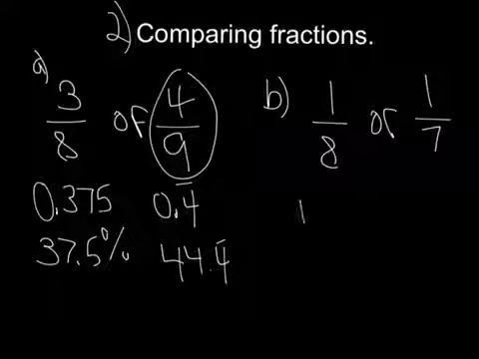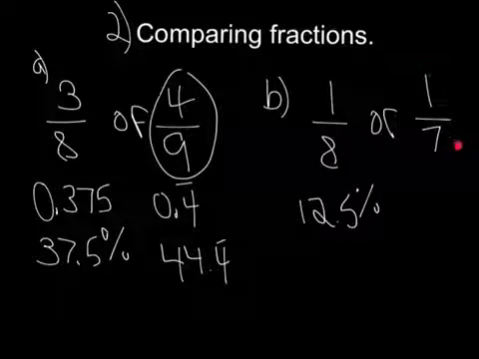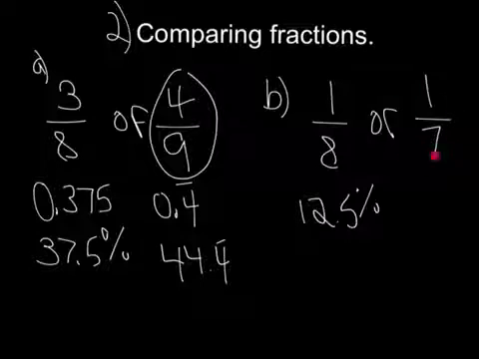1/8, like I just explained to you, is 12.5%. And 1/7 has more value than 1/8 because it's out of less. Think about it. If you have a pizza and you cut it into 7 pieces, this one piece will be bigger.